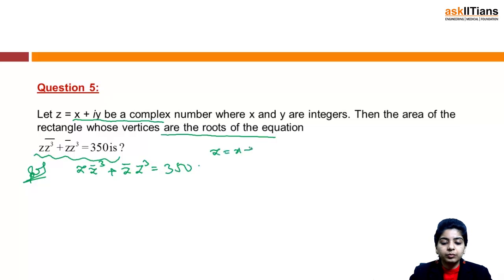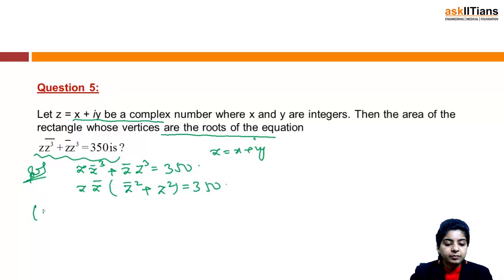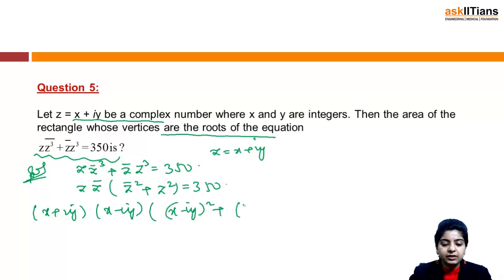Z obviously we assume to be x + iy, and I take z bar common, so I get z bar square plus z square is 350. Now z is x + iy, z bar becomes x - iy. Now this is (x - iy)² + (x + iy)² = 350.